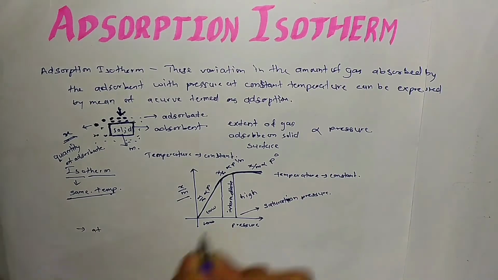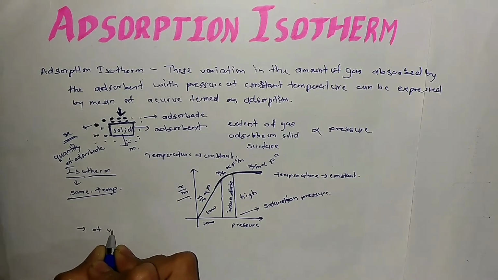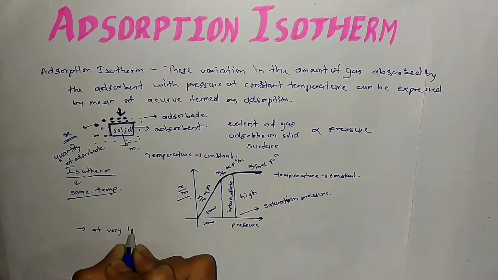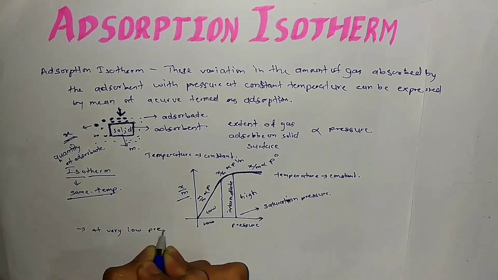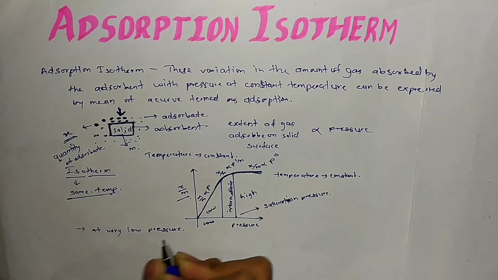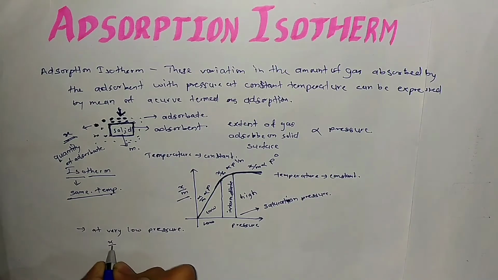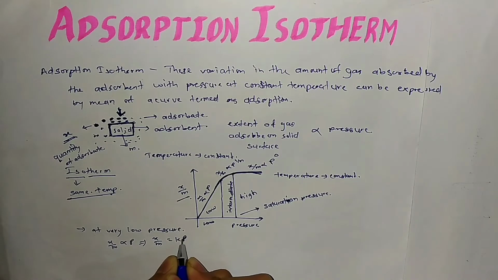We see in this graph that at very low pressure, the value of x by m is directly proportional to p. So x by m is equal to k p, where k is the constant.